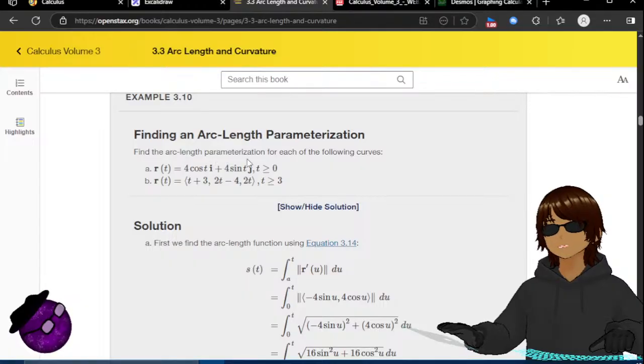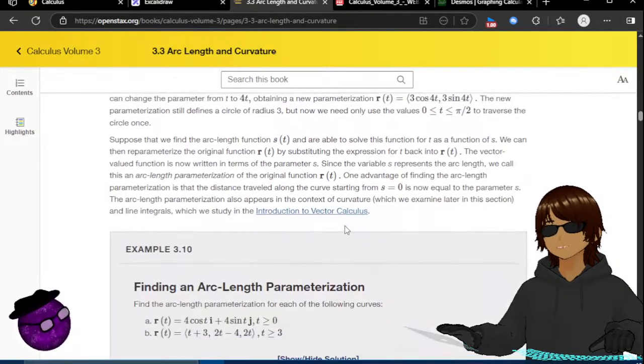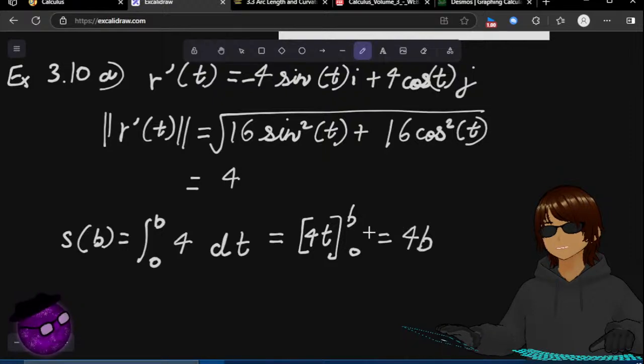Find the arc length parameterization for each of the following curves. So we found the arc length.